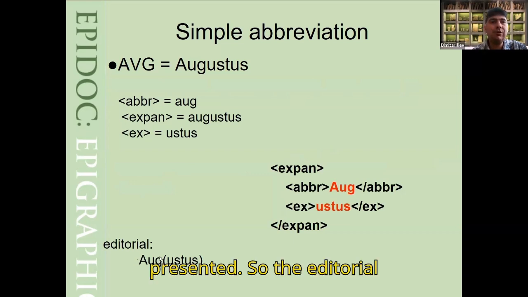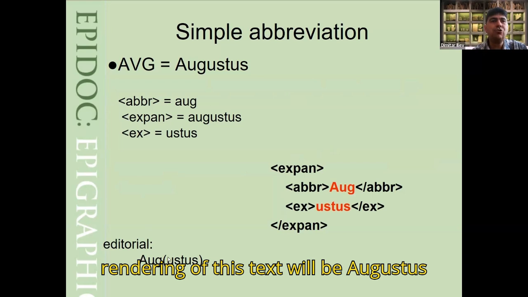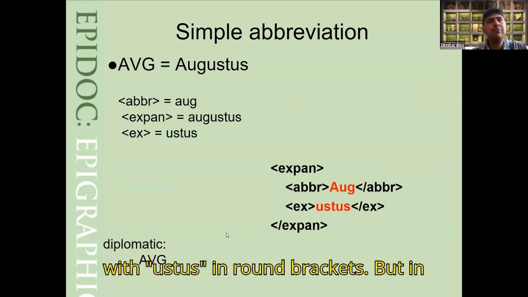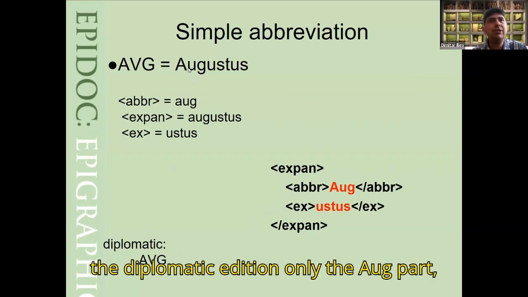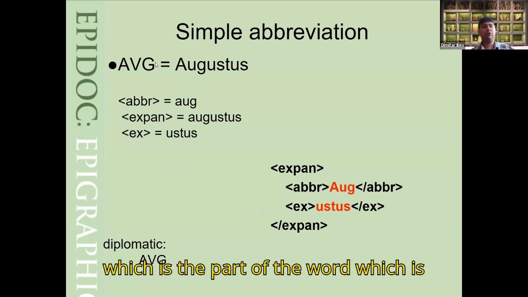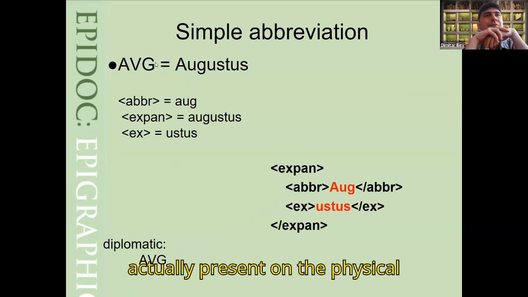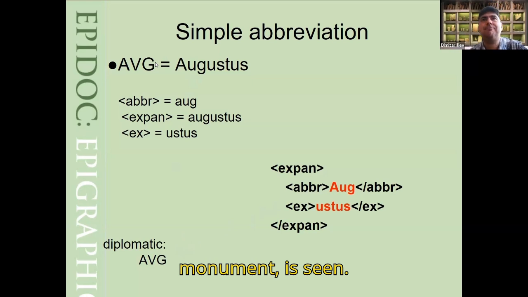So the editorial rendering of this text will be Augustus with Ustus in round brackets, but in the diplomatic edition, only the Aug part, which is the part of the word which is actually present on the physical monument, is seen.